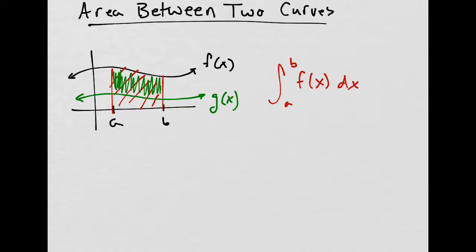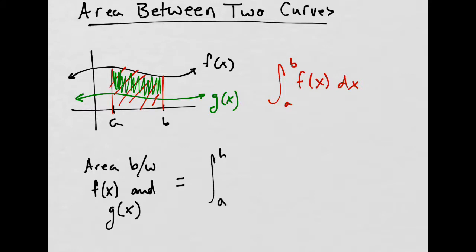The green area equals the integral from a to b of f of x. That gives me that total area. And then I'm subtracting off the area beneath it. So subtract the area beneath g of x, the integral from a to b of g of x dx.